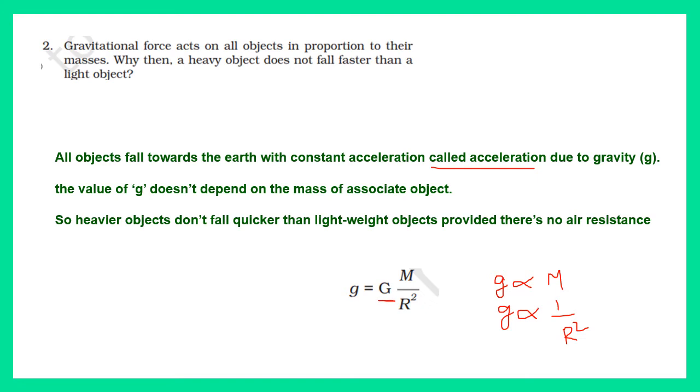So acceleration due to gravity depends on these two things, mass of the earth and radius of the earth. It doesn't depend on the mass of the object, and that is why heavier objects do not fall quicker than lightweight objects, with one condition, that there should not be any air resistance. So in the absence of air, both the objects will fall on the earth at the same time. Okay.